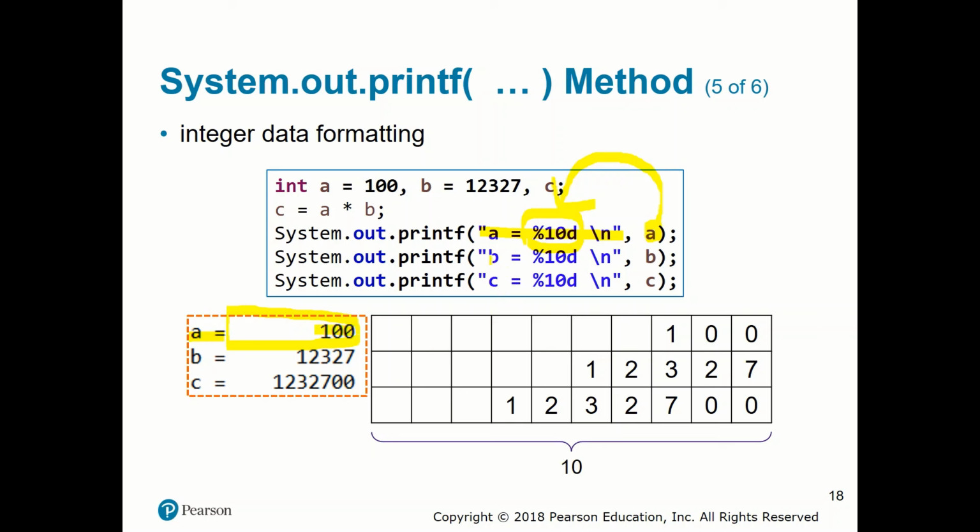Likewise, b equals is printed out, and make 10 spaces, and then print out b. c equals is printed out, and then make 10 spaces, and print out c. So %10d means make 10 spaces here, and then print out an integer.